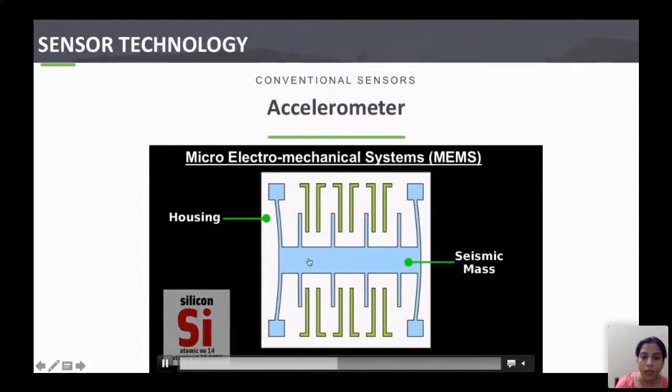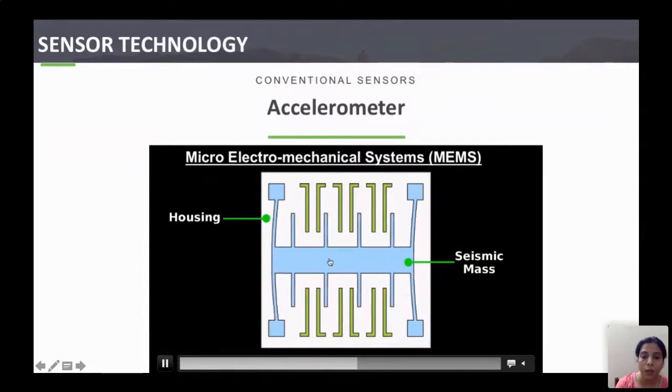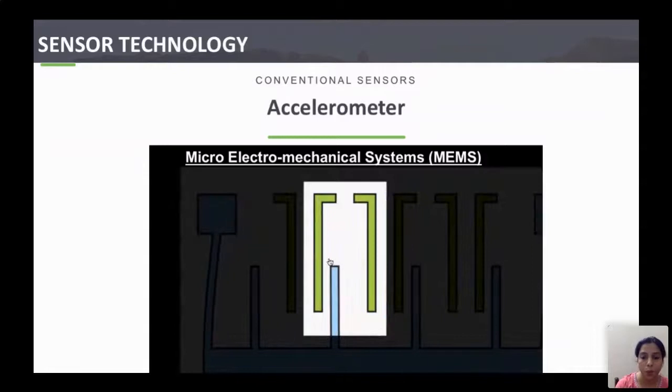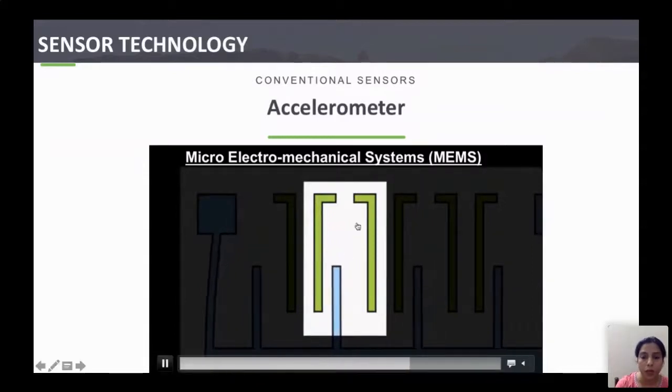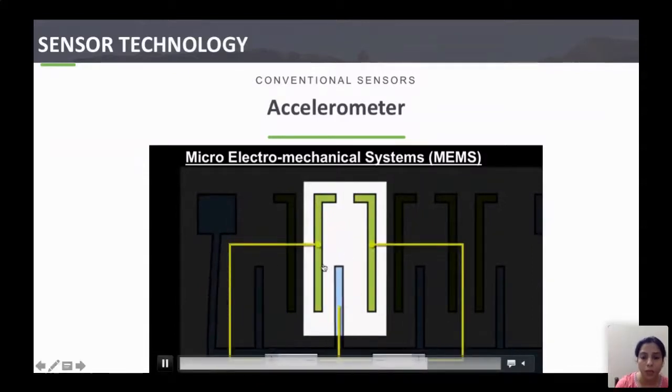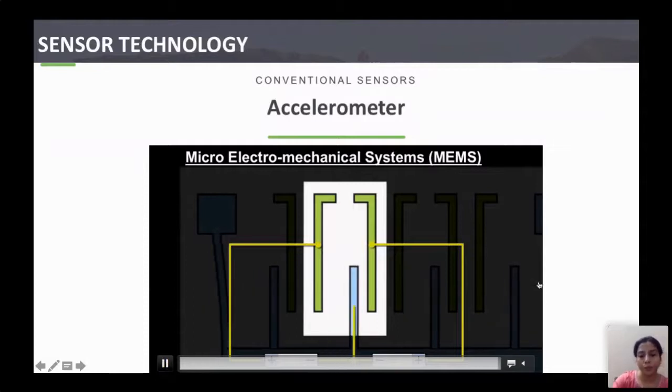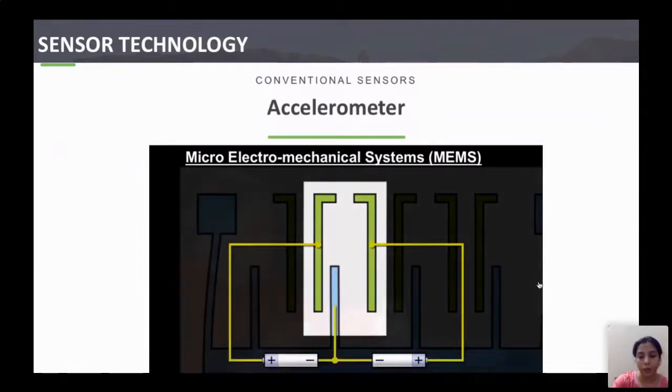The flexibility of this mass gives you the spring component. If you zoom in on the three fingers, the green ones are the capacitor plates, and as the proof mass vibrates in between them, it causes a change in the voltage. That voltage is calibrated for measuring the acceleration.